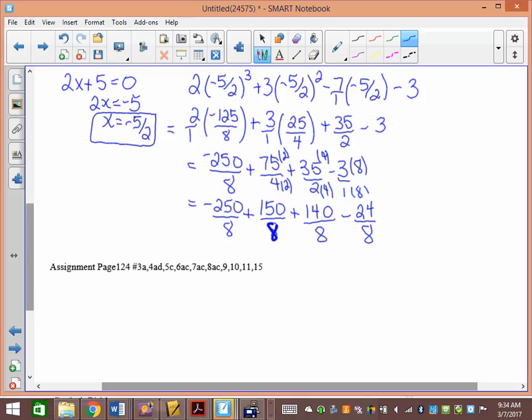Negative 250, this is going to be positive 290. Yeah. So it'd be minus 20 over 8, because this is 290, not 190, which is what I was saying, which totally threw it for a loop if you didn't count the extra 100. So 290, and then minus 274 is 16 over 8, which is 2.